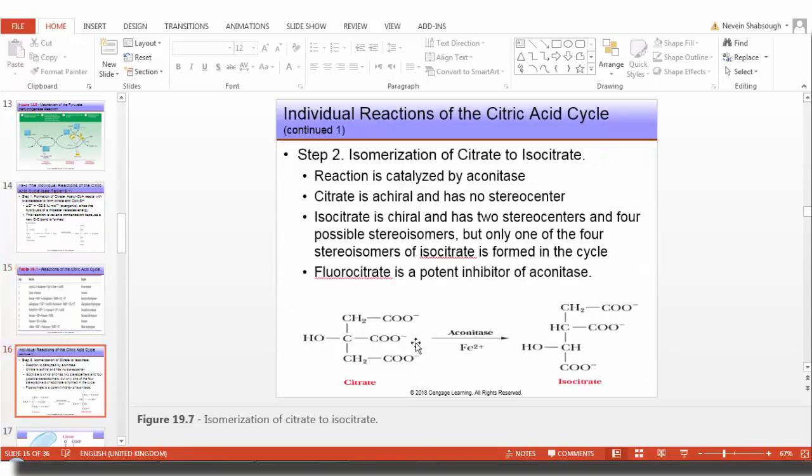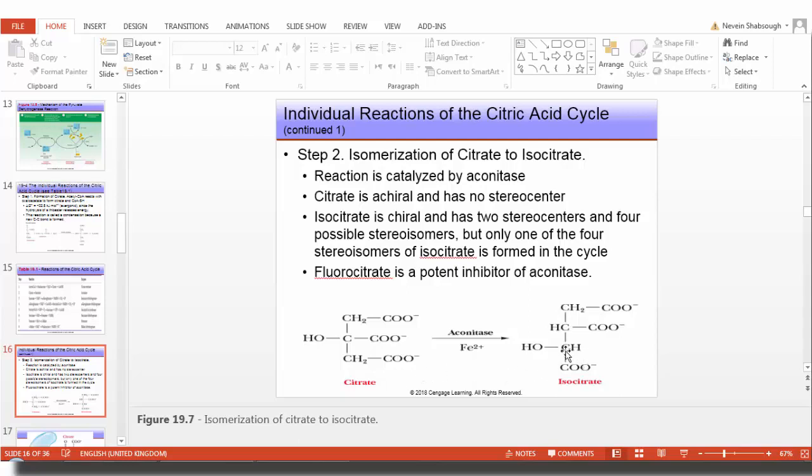Now step number 2, isomerization of citrate to isocitrate. Now citrate is achiral and it's converted to chiral isocitrate in the presence of an enzyme called aconitase, and it requires iron 2+.